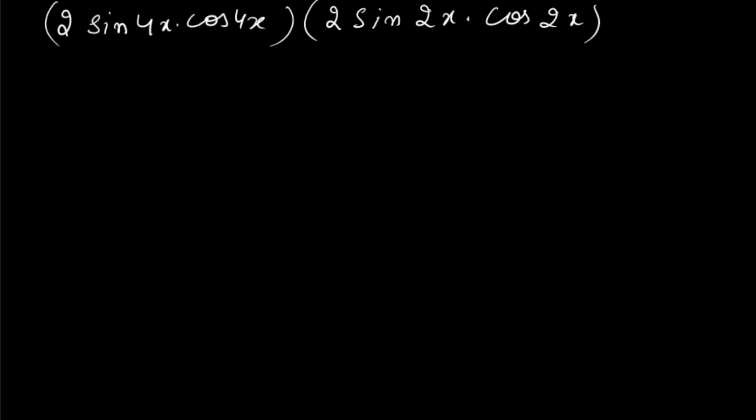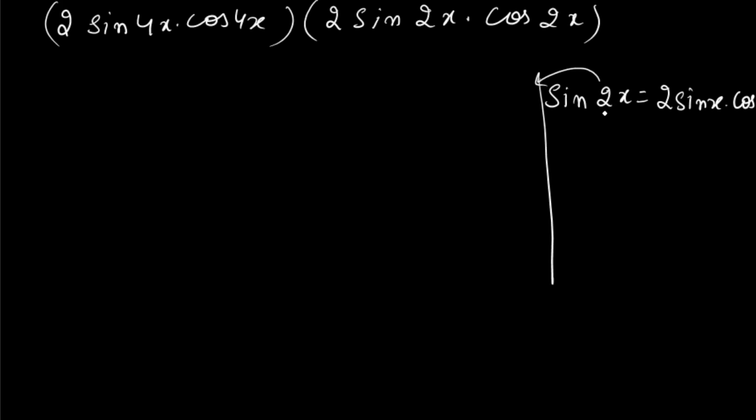Yes. Now again, one formula which we have learned: sine 2x is equal to 2 sine x into cos x. This is a formula we used in the previous question also. So whenever sine of twice an angle is there, this 2 will come outside, multiplied with cos and sine like this.